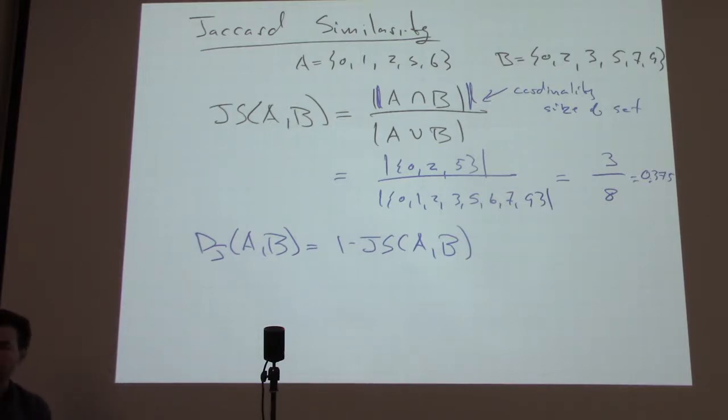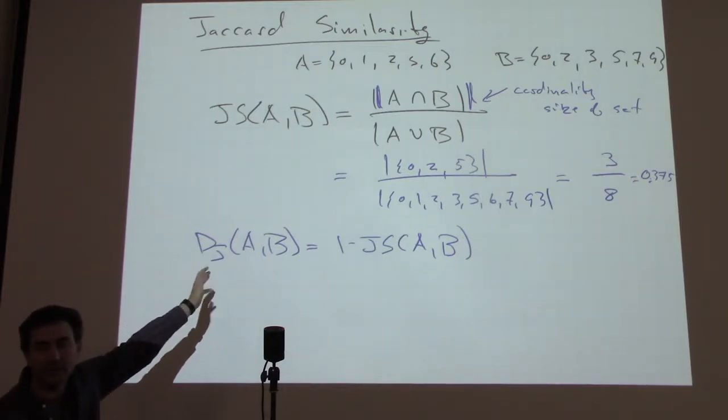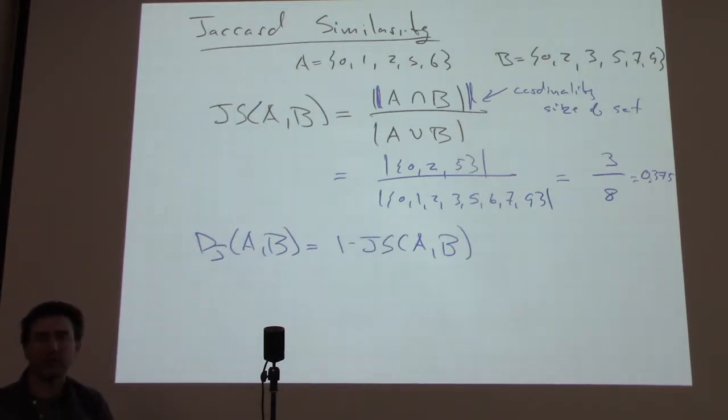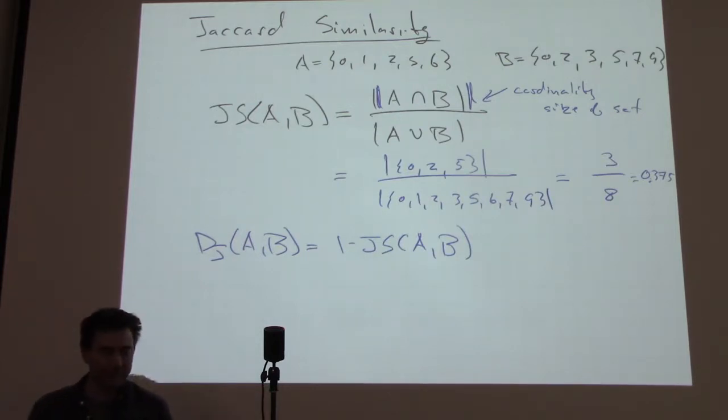We'll discuss what that means in a week or so. But this turns out to be a nicely defined distance as well. So think of this as a distance, but it only goes between 0 and 1.